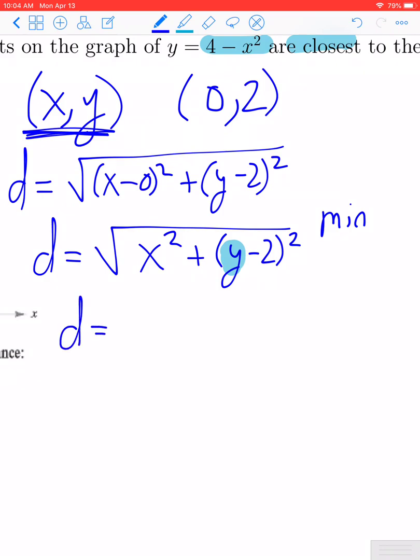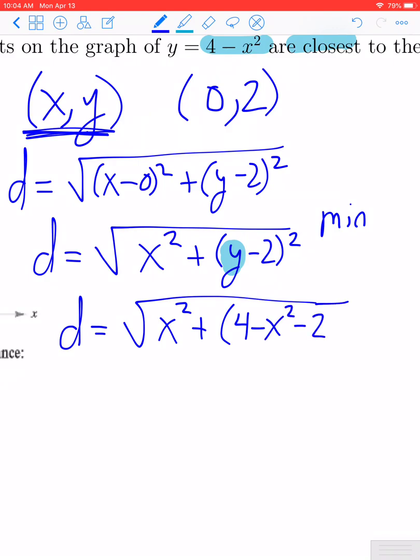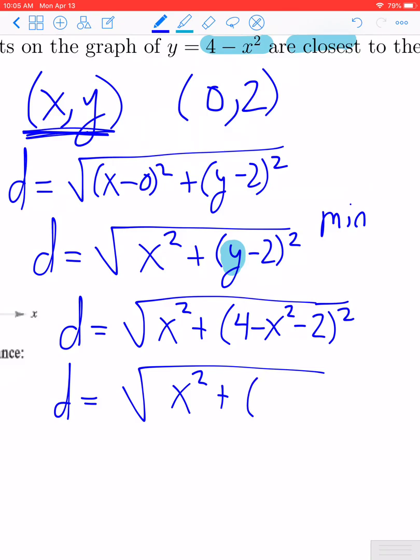So d is equal to the square root of x squared plus 4 minus x squared minus 2 squared. D is equal to the square root of x squared plus, and on the inside here, this is going to be 2 minus x squared squared.